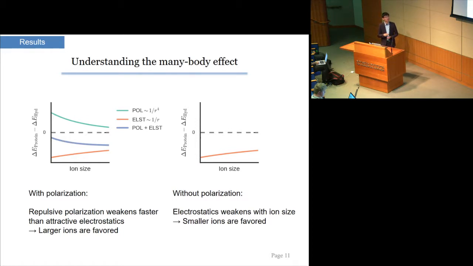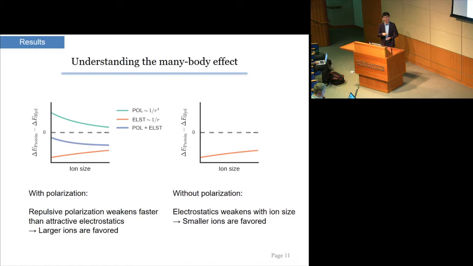As the ion size increases, both interactions will weaken, but the polarization energy will decrease much faster. So the total effect is a decrease of the free energy with the ion size.